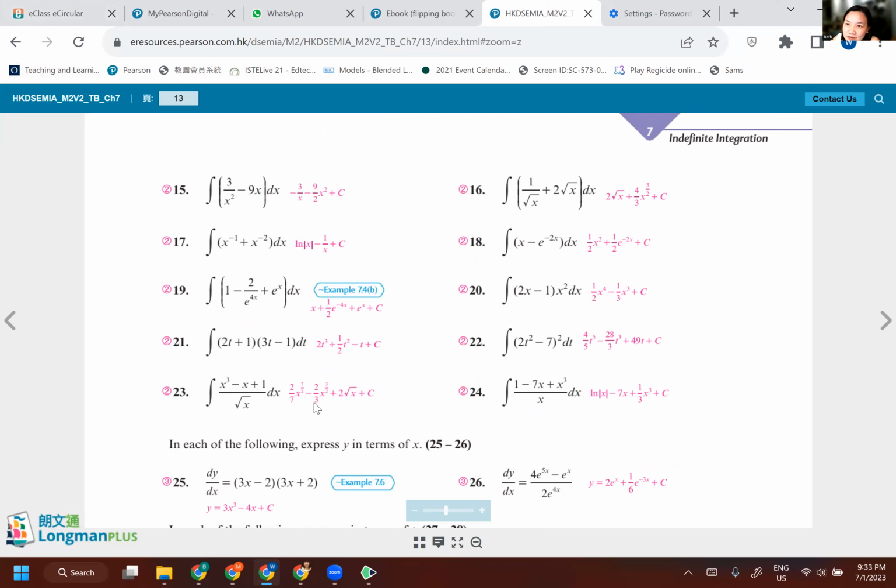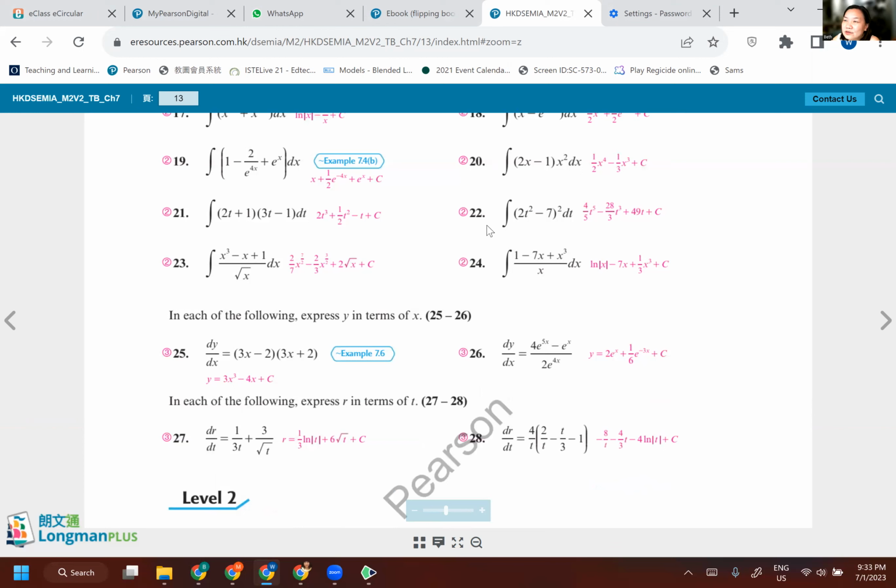If I ask you to do the exercise, you should do it very quickly. Have a look. For example, for question 20, you're not supposed to separate the product. You're supposed to expand and then separate the sum, I mean the difference.